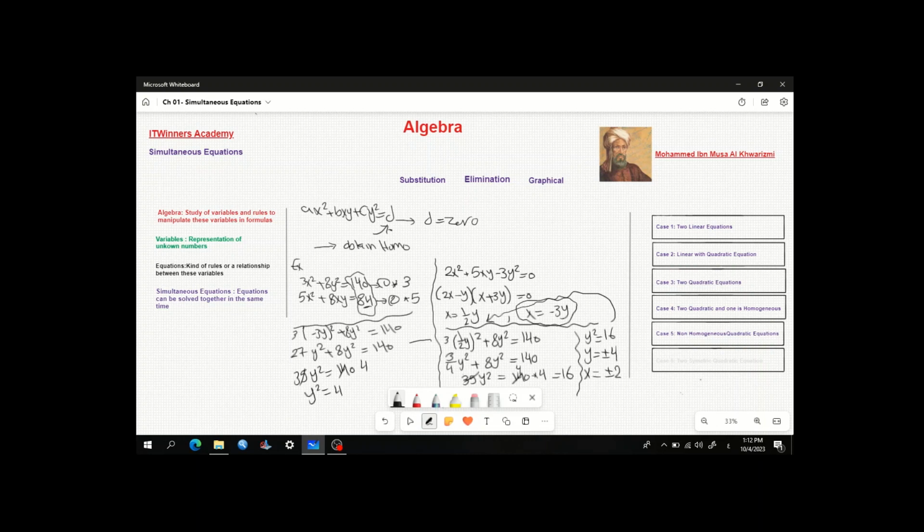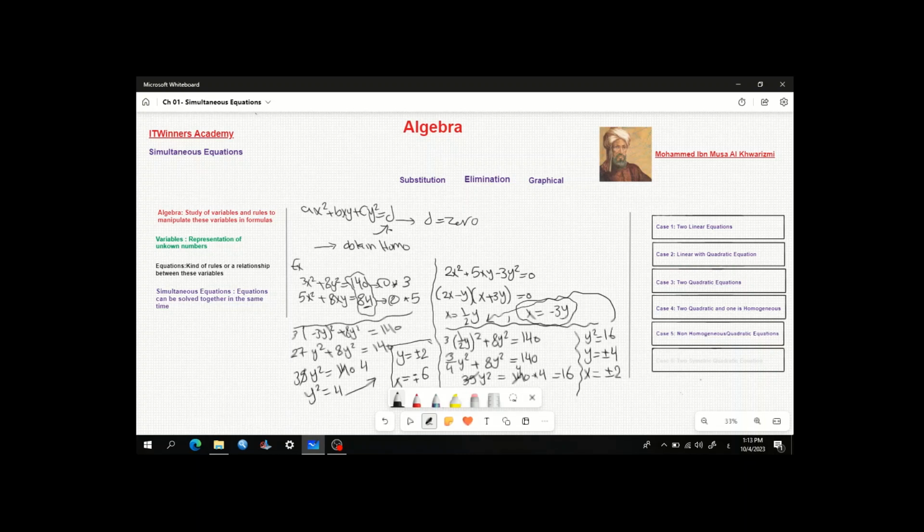So now y equals plus or minus 2, but x equals minus 3y. Okay, so x equals minus 4 plus 6.